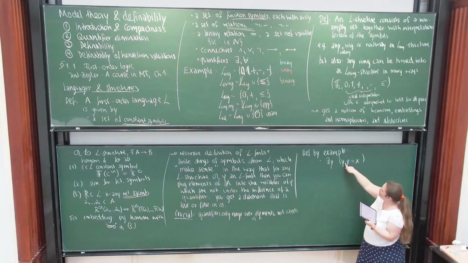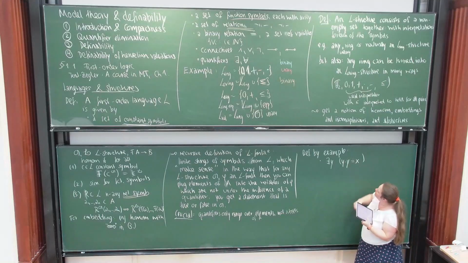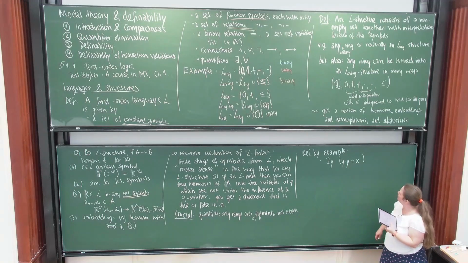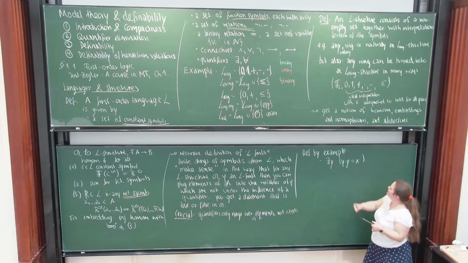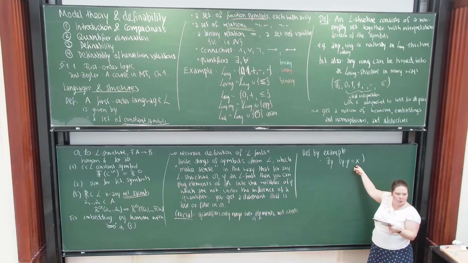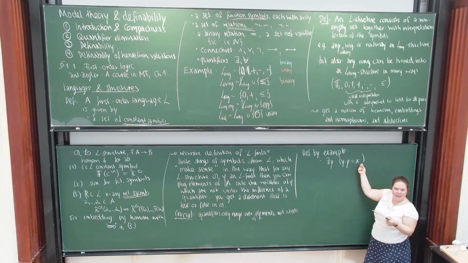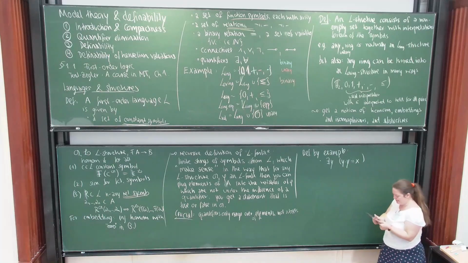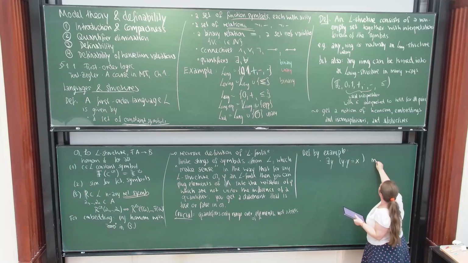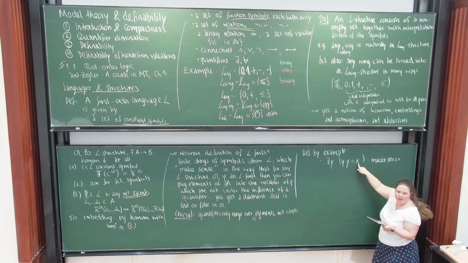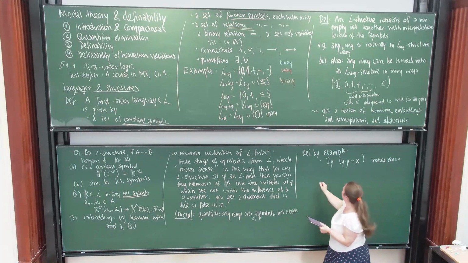Here it uses one non-logical symbol times, considered a binary function symbol, and of course this makes sense, and it can either be true in a ring structure or it can be false. But you can evaluate it by plugging something in for this x. You can see whether x has a square root or not. That's what the statement is, I guess. So this makes sense, and x is a so-called free variable because you can put something in.